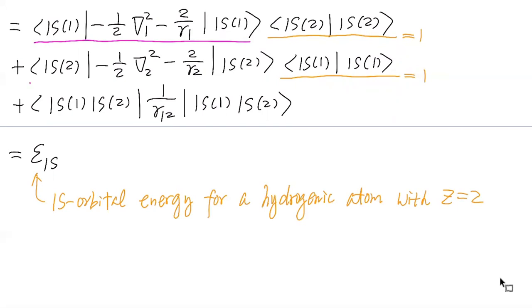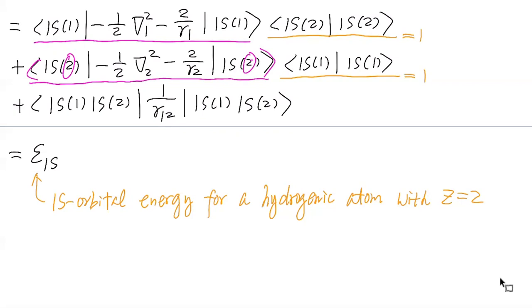What is this term? This term is exactly the same as the first term, right? What you do here is you simply use 2 as your label, right? This is your label for the electron, but this 2 here is a dummy index because you are integrating over this electron coordinate.